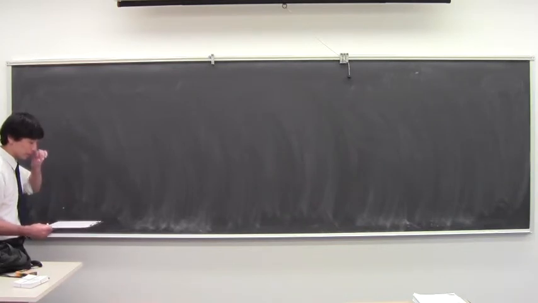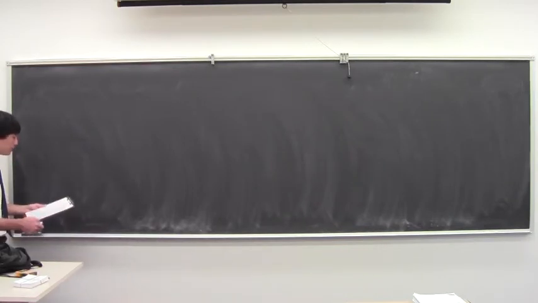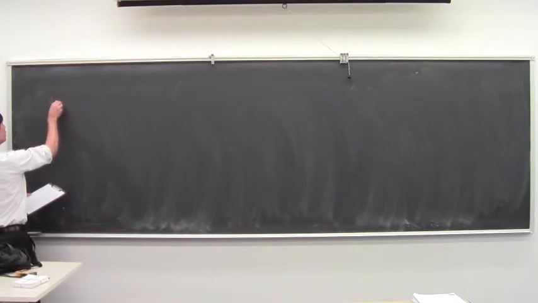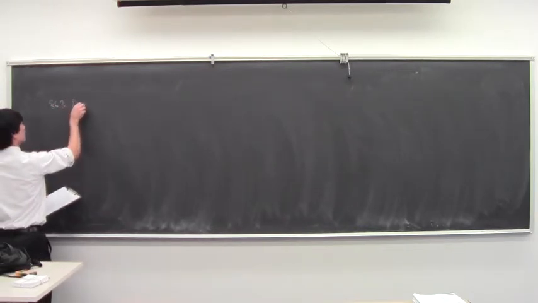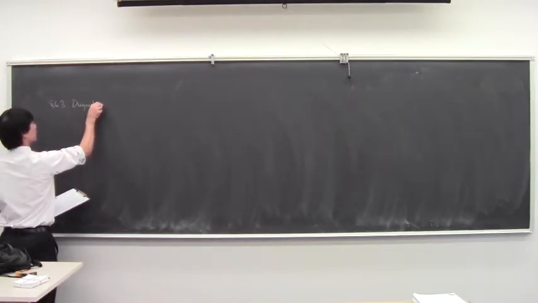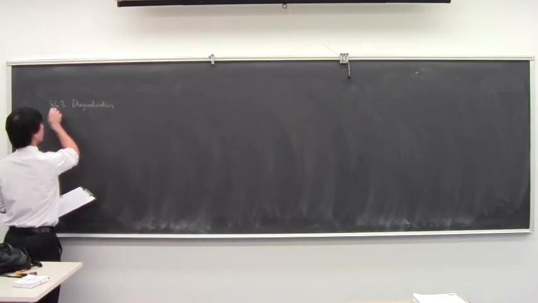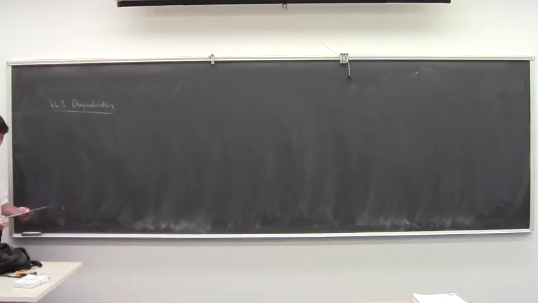Actually, things get much better once you have diagonalization, or I should say they get much better once you have the Jordan canonical form. You can simplify your system of equations to something very simple.